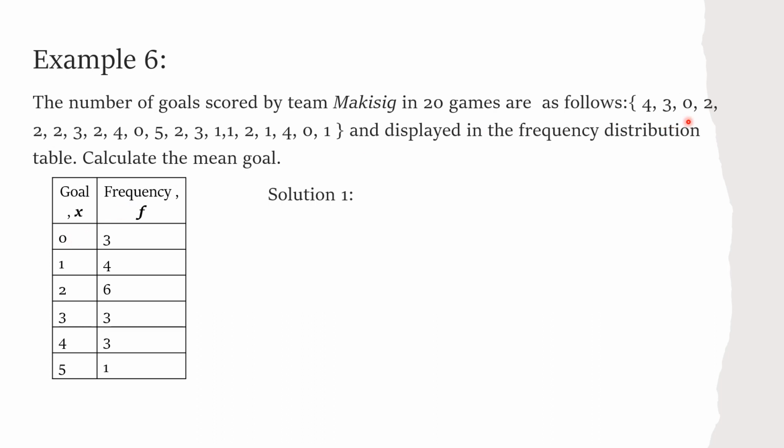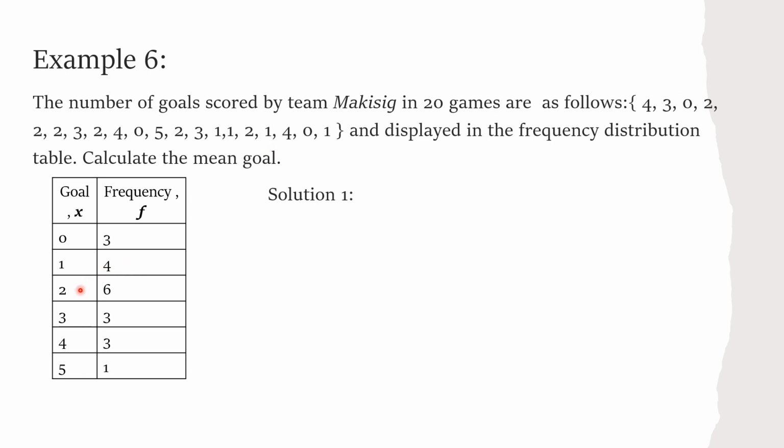So for the goal score 0, there are 1, 2, 3. So the frequency is 3. For the goal score 1, we have 1, 2, 3, 4. So the frequency is 4.